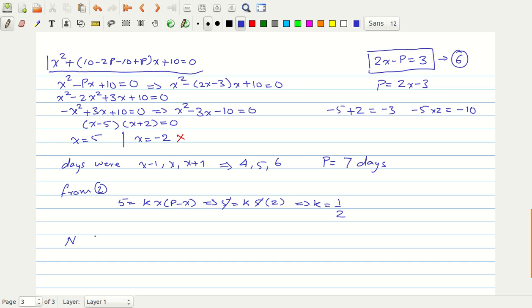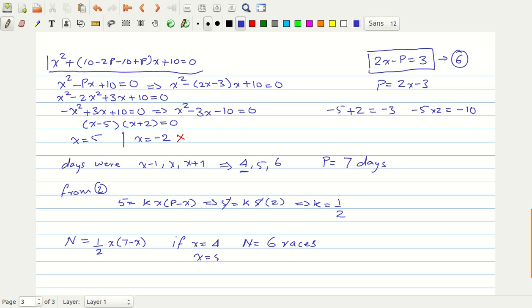So, the number of days n is actually given by half x times 7 minus x. So, now if you put x is equal to 4, you can see that this, if x is equal to 4, which is here, you get n is equal to 4 times 3 is 12 divided by 2 is equal to 6 races.